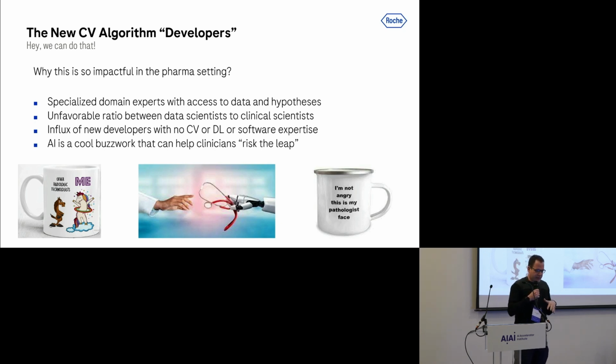Add to that the fact that in traditional pharma companies, there have always been more biological natural scientists and clinicians than data scientists. And this has always caused long waiting times to get your data analyzed or to get your hypotheses tested. So basically, we're facing now an influx of new algorithm developers that don't know how to code.